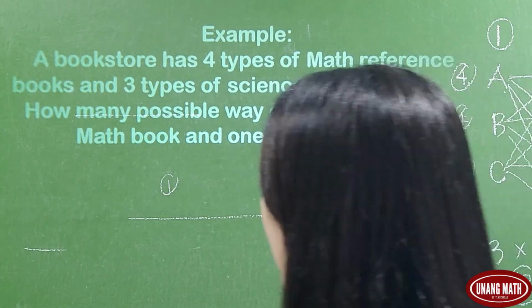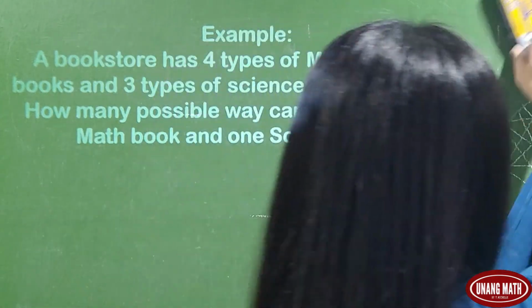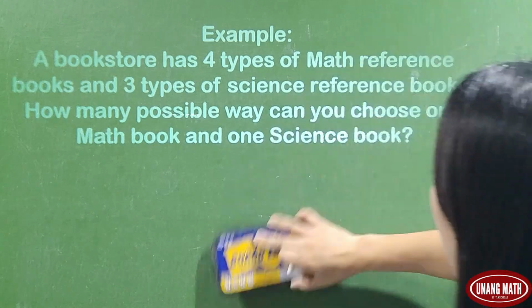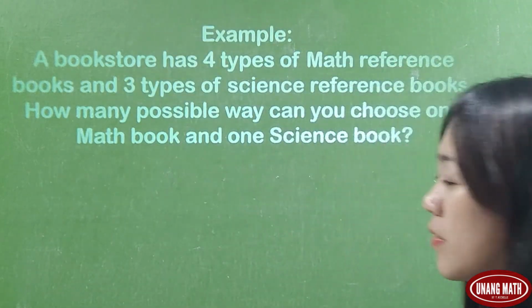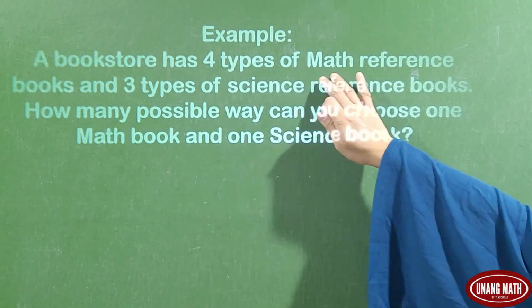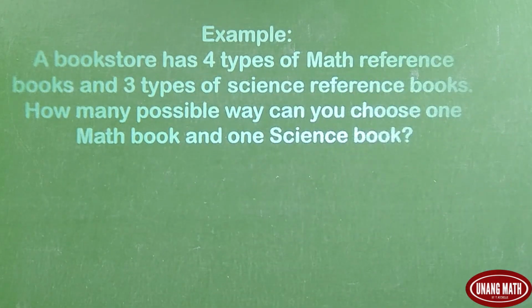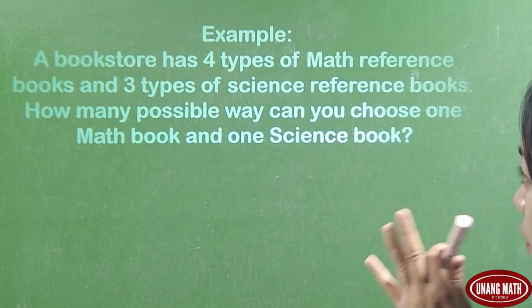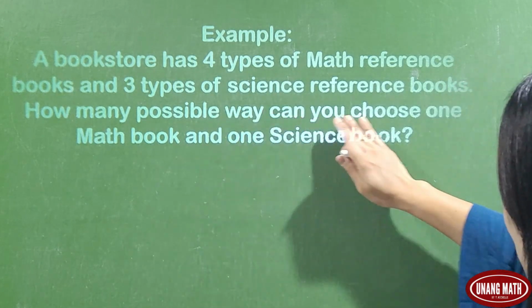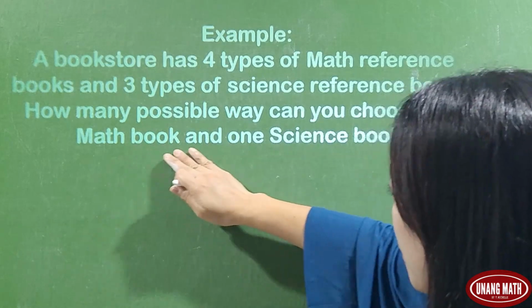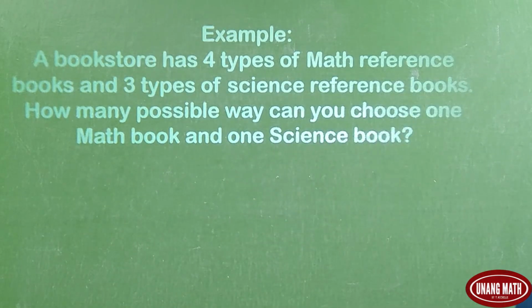Okay, let's have another example. A bookstore has 4 types of math reference books and 3 types of science reference books. The question is how many possible ways can you choose one math book and one science book?